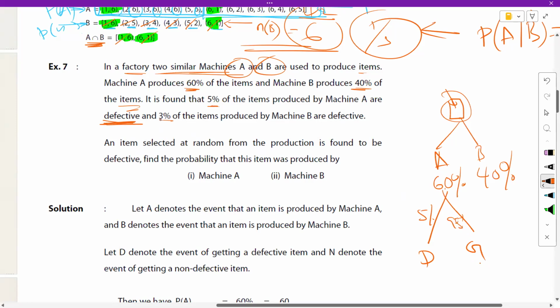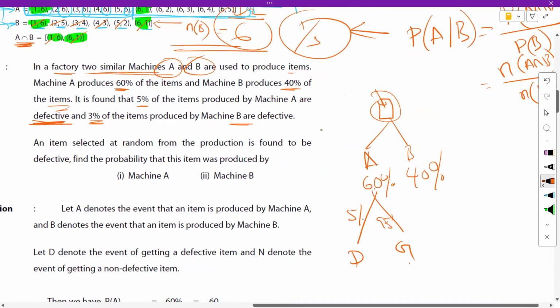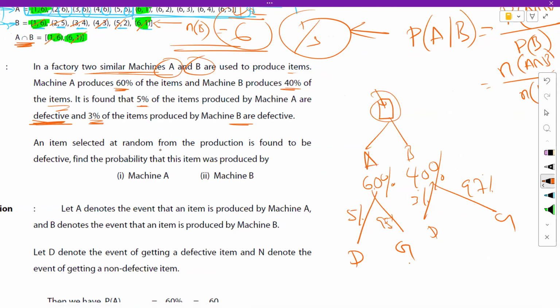And 3% of the items produced by machine B are defective, and 97% are in good condition. An item selected at random from the production is found to be defective.